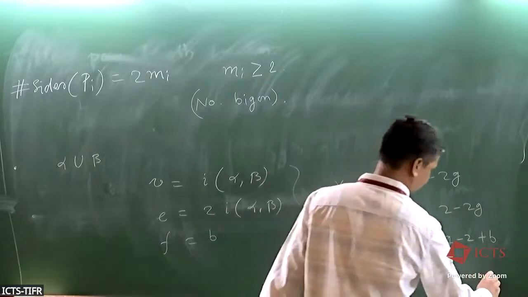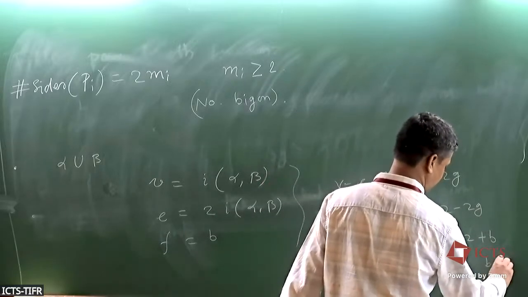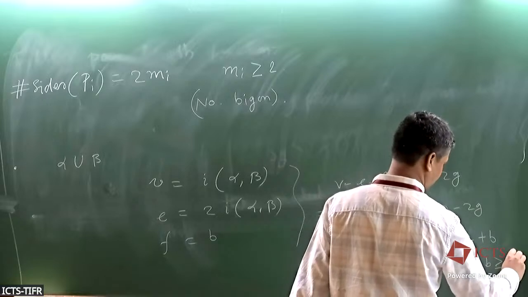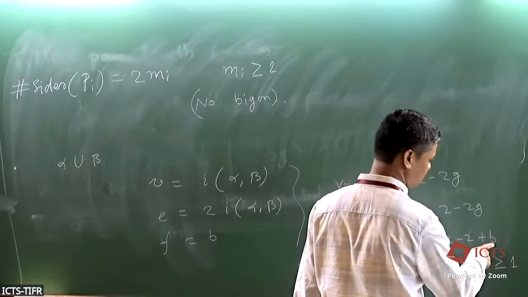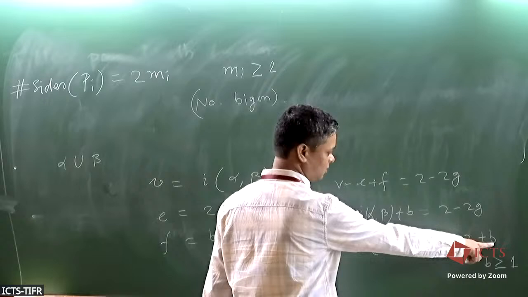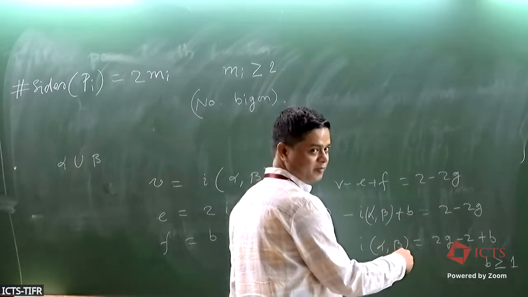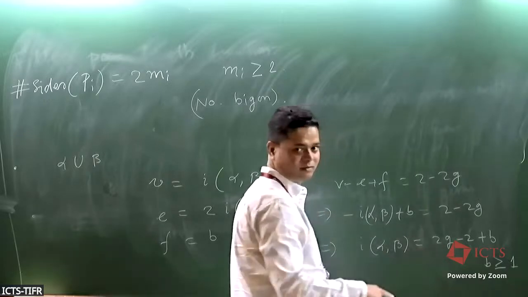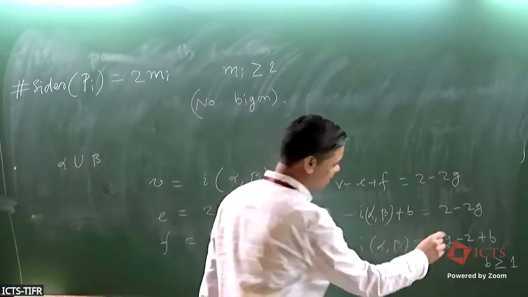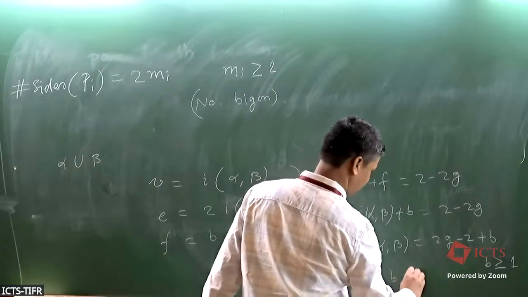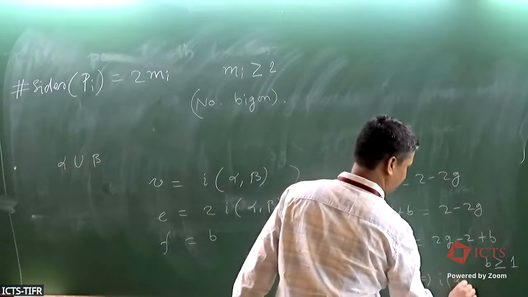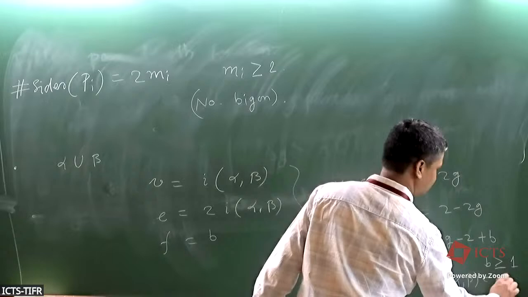And the number of complementary regions B is greater than or equal to 1, and it is minimum when B is equal to 1. And when B is equal to 1, then alpha and beta have 2g minus 1 intersection points. So B equal to 1 implies I(alpha, beta) equals 2g minus 1.